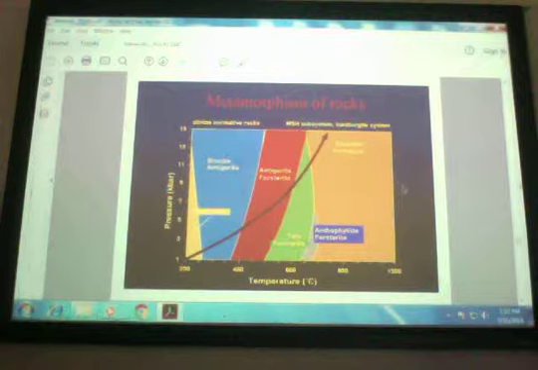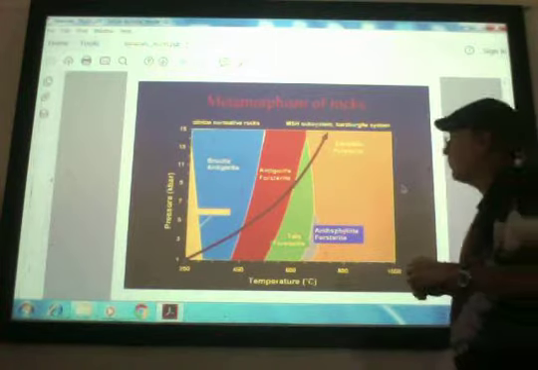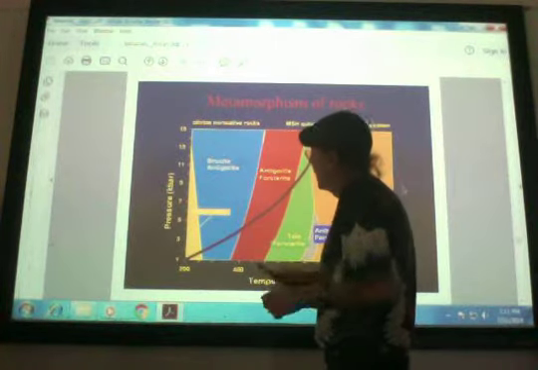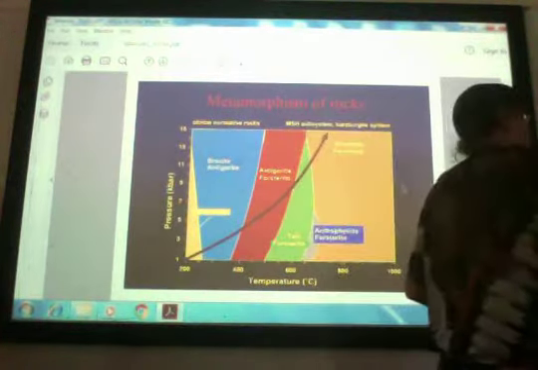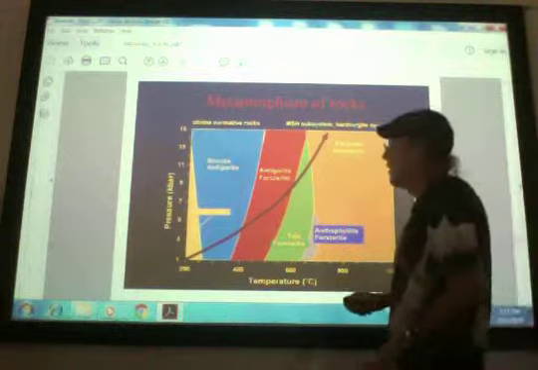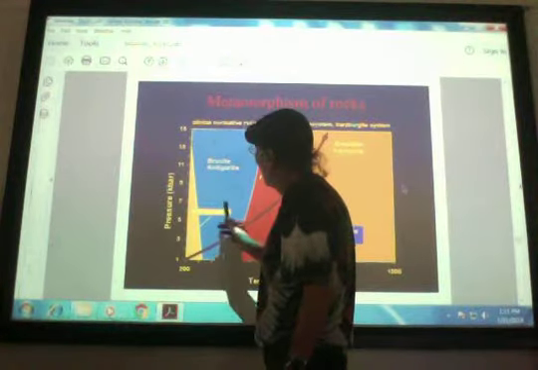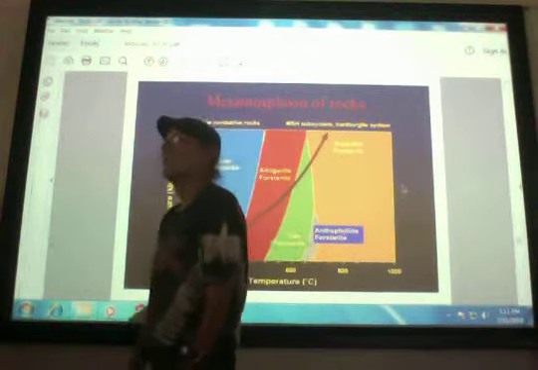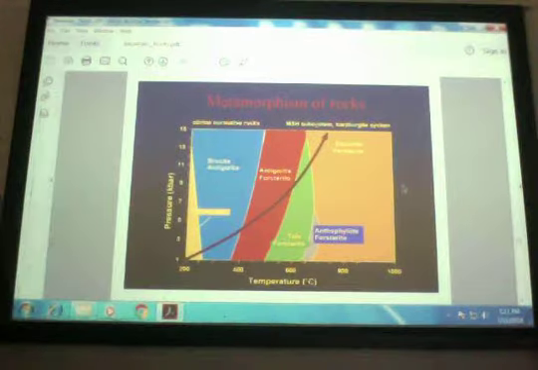And hydration will take place, and while it goes down you are increasing the pressure and the temperature, yeah? And then your hydrous minerals will break down, yeah? They will just dehydrate, yeah?